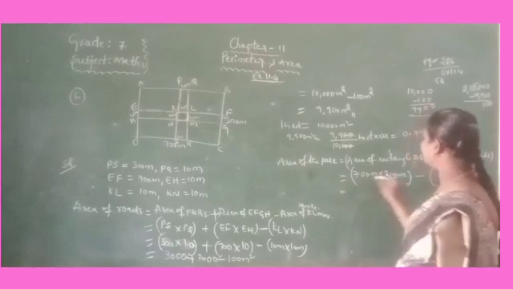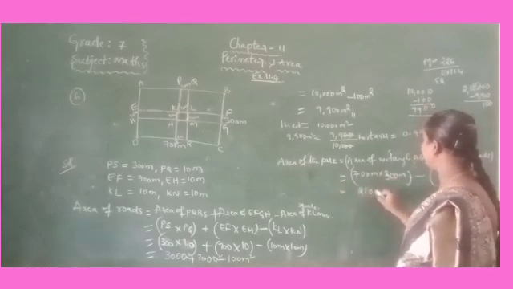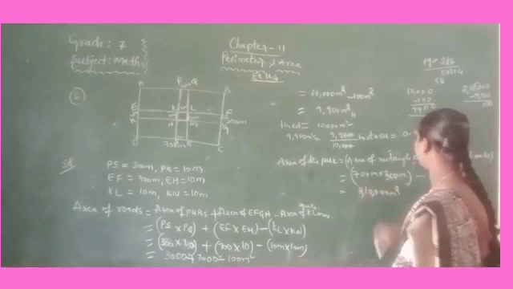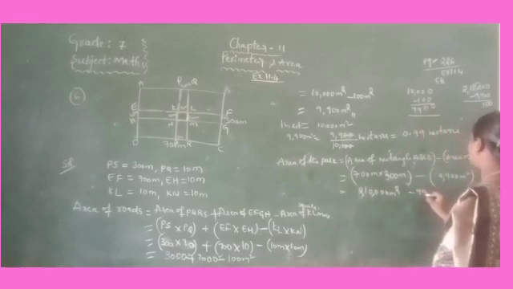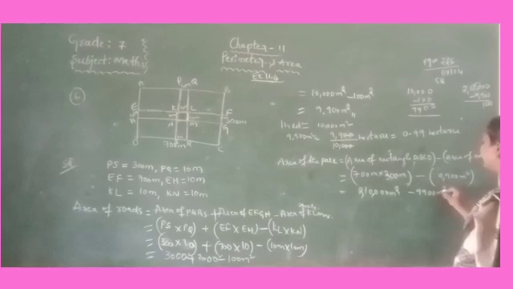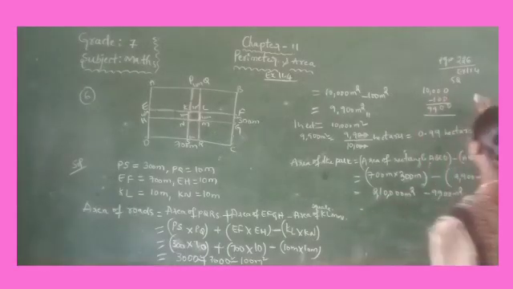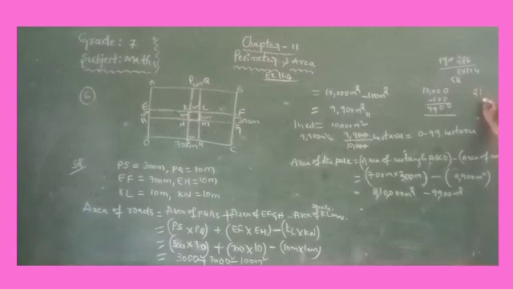Now multiply: 7 threes are 21, so 210,000 meters square. You have to subtract 9,900 meters square from 210,000 meters square.